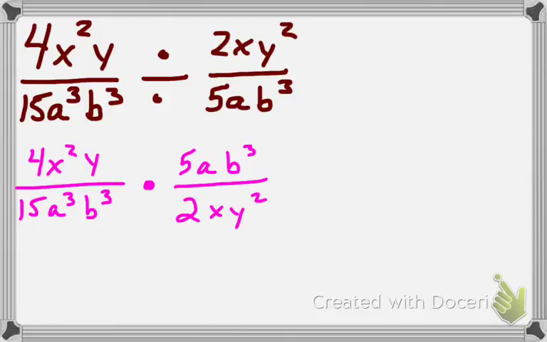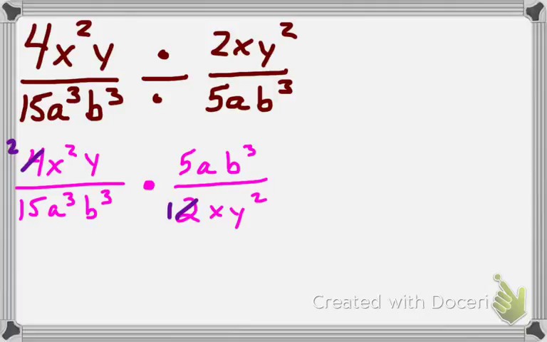Now, a week ago, nobody in here knew how to divide fractions. So hopefully now you do. Flip and multiply the second one. And now I'm going to do the same thing I did last problem. I'm going to look for stuff to simplify and or cancel. So what I see is that.